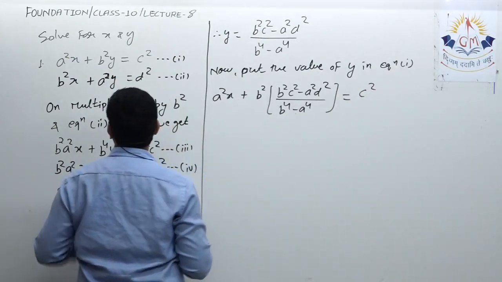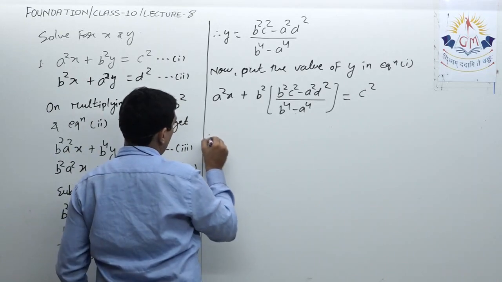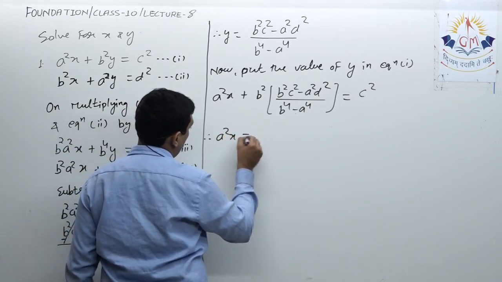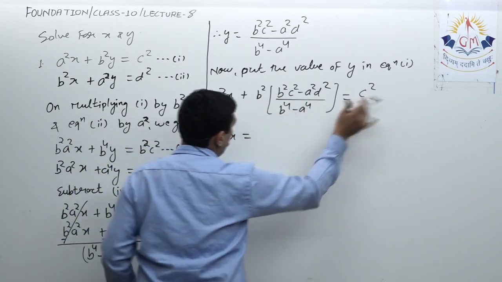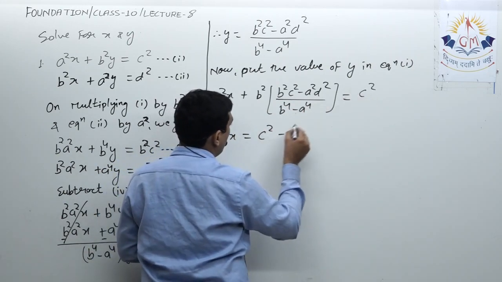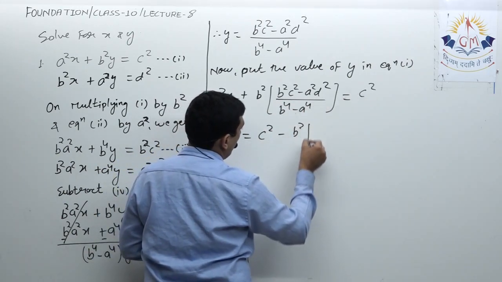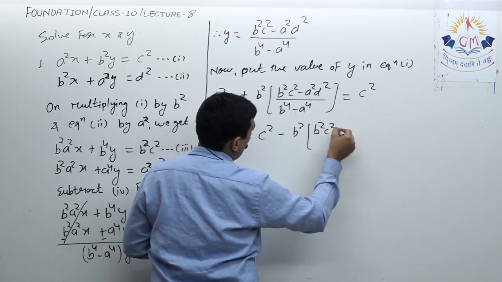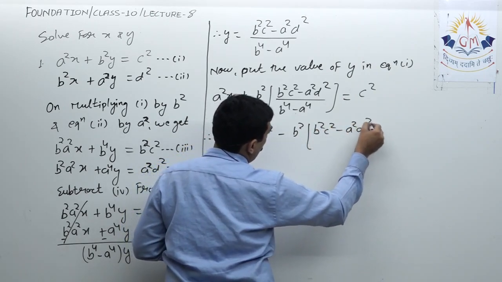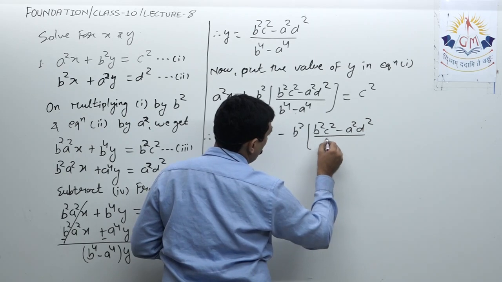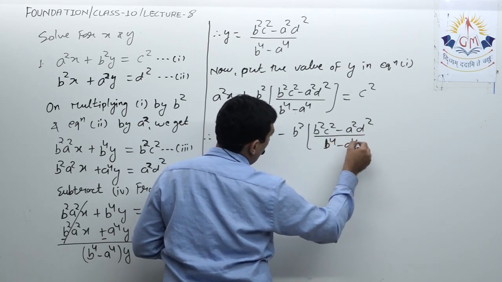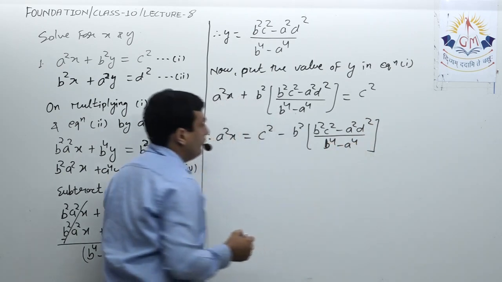Okay, so I need to get the value of x. So I'll write a square x is equal to, taking this complete term on that side, c square minus b square c square minus a square d square upon b raised to 4 minus a raised to 4.